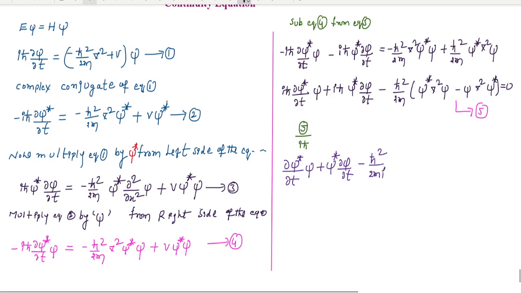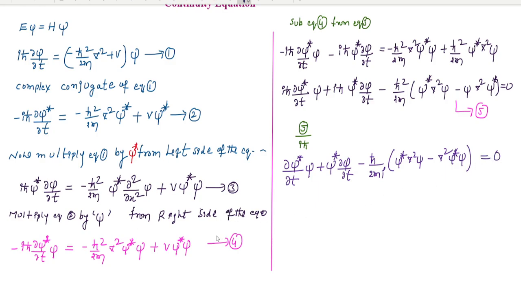Sorry, this is not ħ squared, only ħ, because ħ is going to cancel, right? Okay. Next, ψ* ∇²ψ minus ∇²ψ* ψ. So this is the equation.